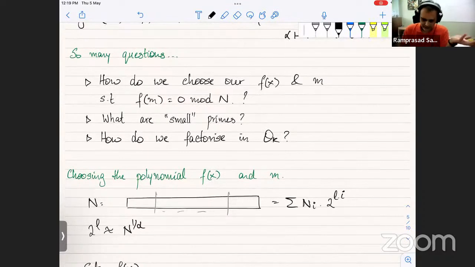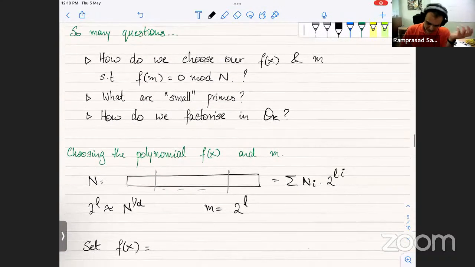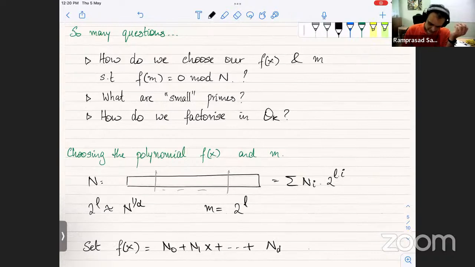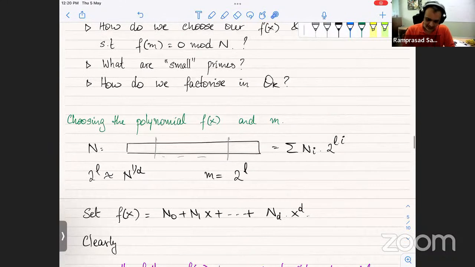Now it's clear what I want to do. I set m to be equal to 2 to the L, and my polynomial to be n_0 plus n_1 x plus and so on, till n_d x to the d. By definition, if I plug in x equal to 2 to the L, it satisfies this. So clearly f(m) is equal to n, which is equal to 0 mod n.